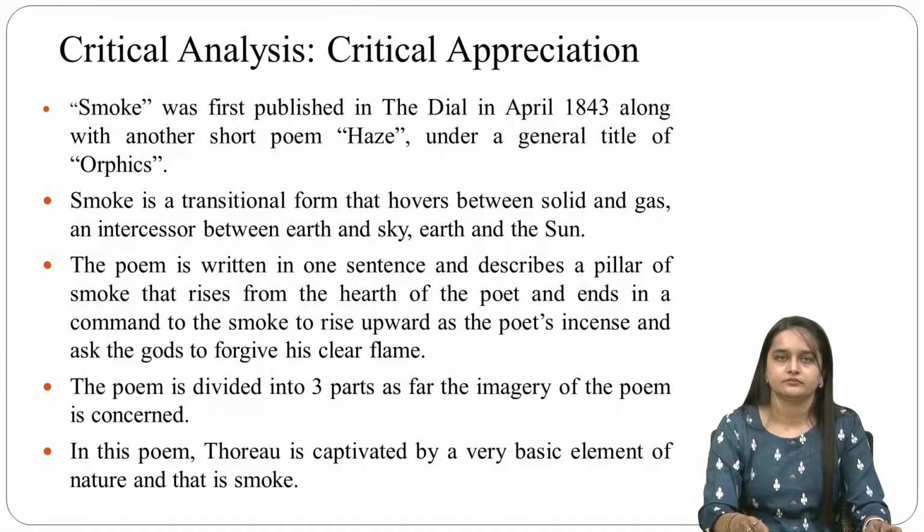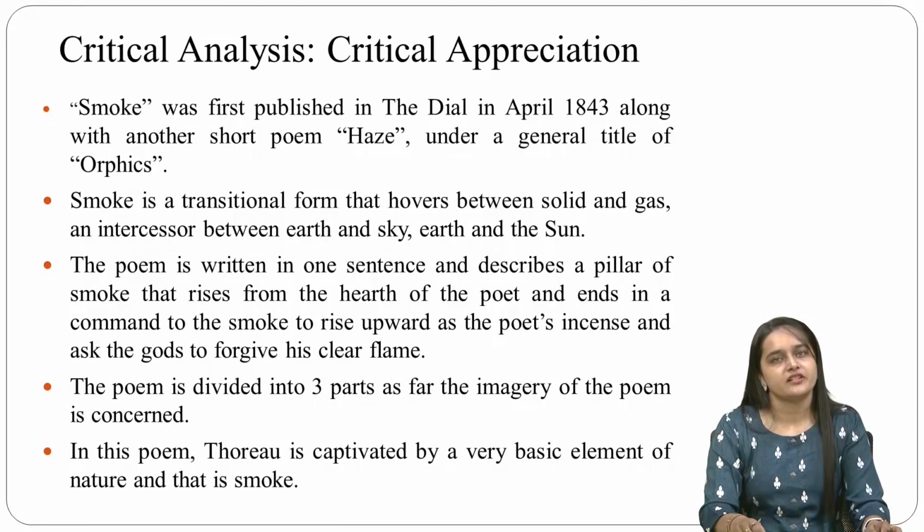The poem is written in free verse and does not follow any rhyme scheme. Imagery is the predominant tool that the poet uses here. The poem is divided into three parts as far as the imagery is concerned.